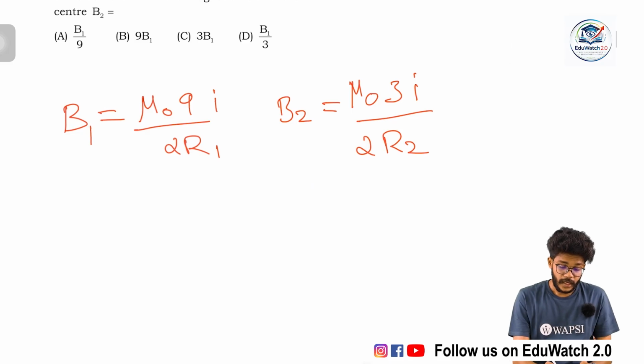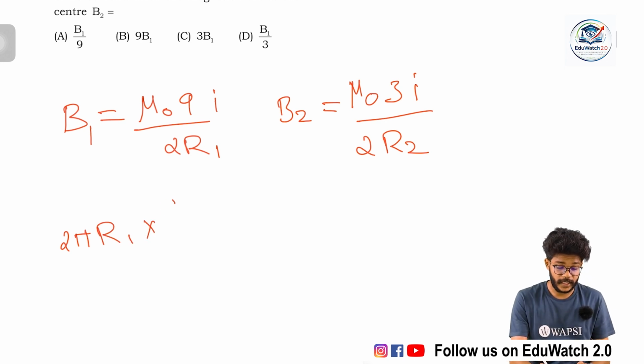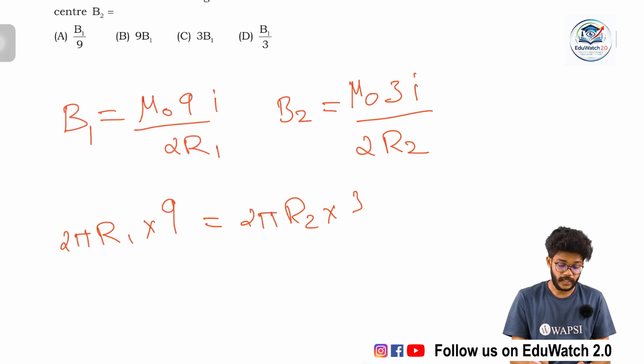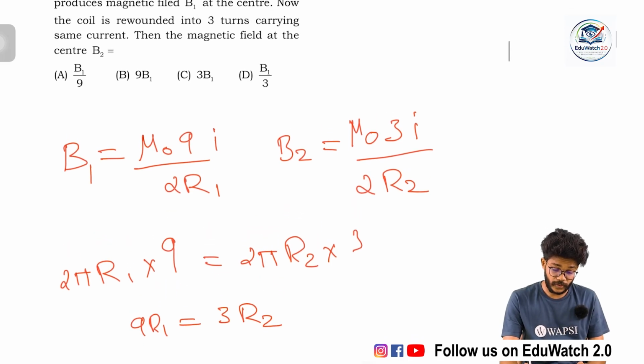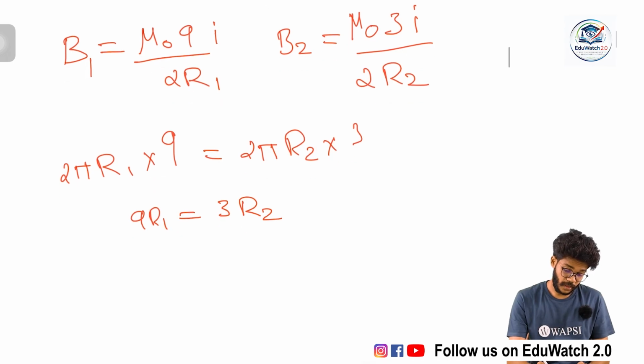The perimeter of the first circle is 2 pi r1, multiplied by 9, that is equal to 2 pi r2 multiplied by 3. So 9 r1 equals 3 r2, so r2 is equal to 3 r1.